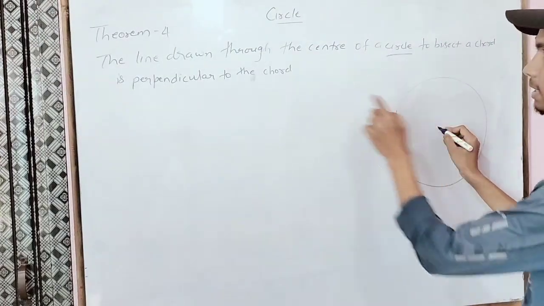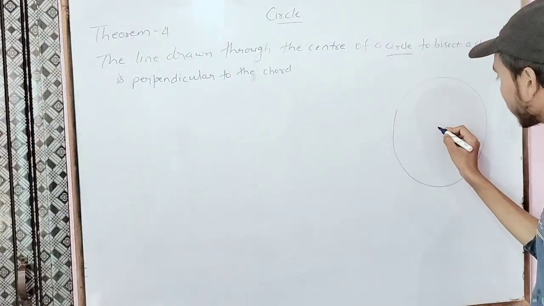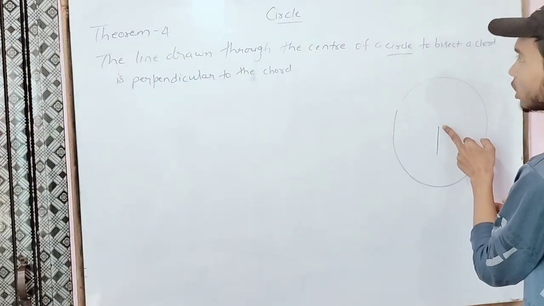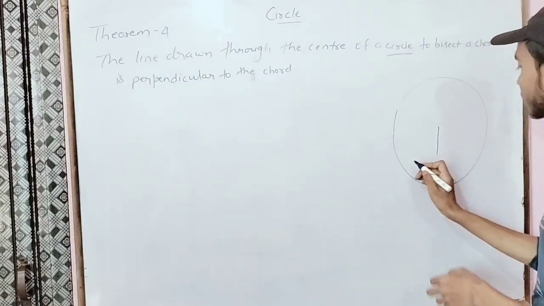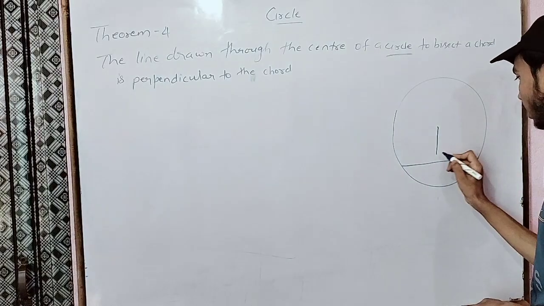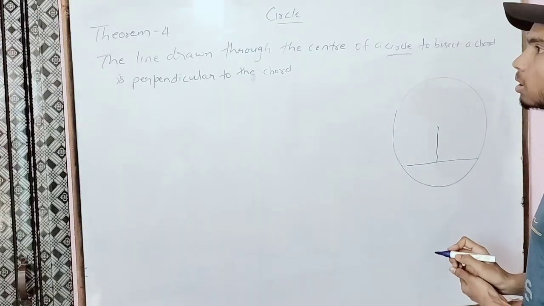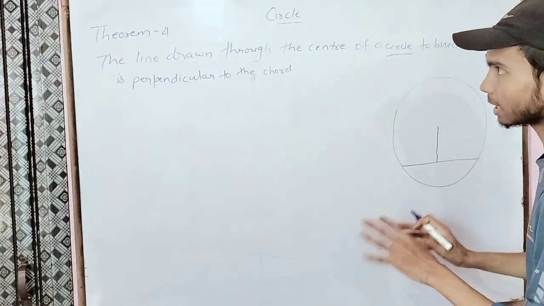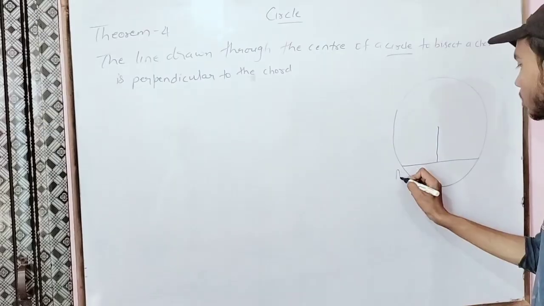A line is drawn through the center to bisect the chord. Now this bisecting line is perpendicular to the chord. Let's say the chord is AB.